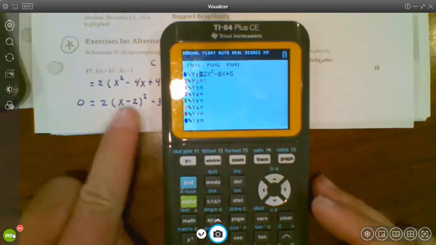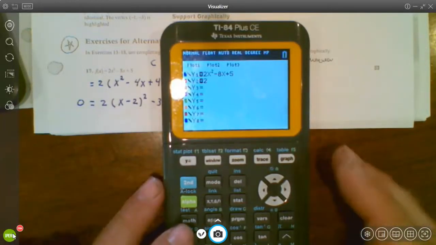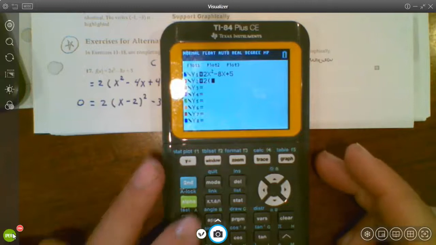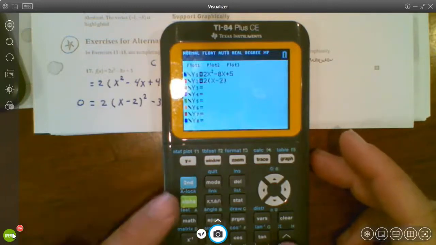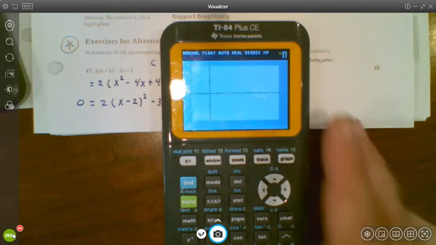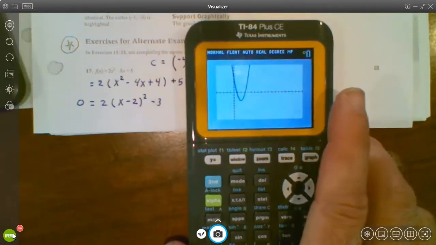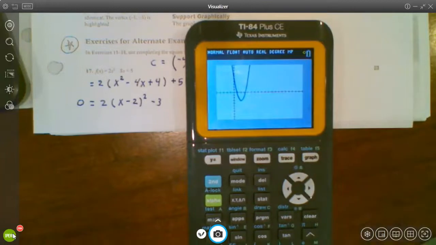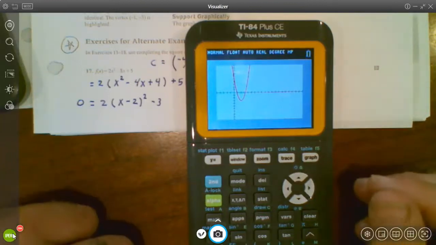So they should line up right on top of each other if we did this right. So we're going to hit graph. So there's the first one. Second one's coming through right on top of it, so perfect match, so we know we did that correctly.